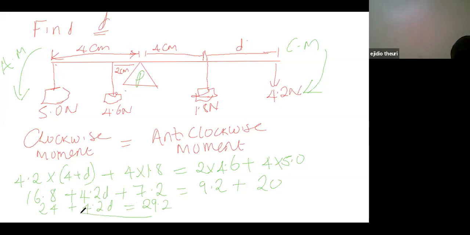We take this to the other side. So 29.2 minus 24 will be 5.2. So 4.2D is equal to 5.2, right? So divide by 4.2. Sorry, so it's not 9.8, but we want to undo that.